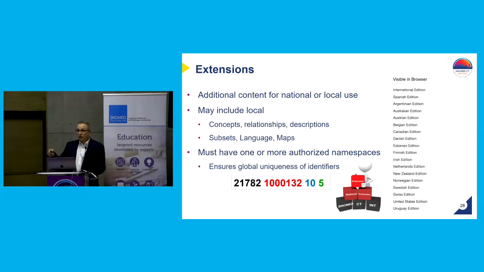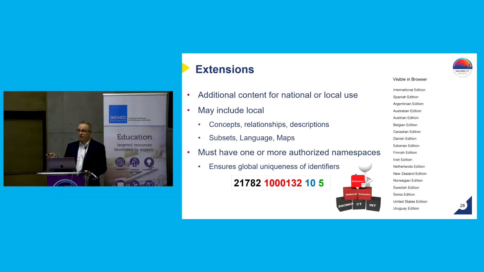You can add concepts, relationships, and descriptions. So in a particular setting, and we'll touch on this with the language, if you want to add further descriptions to those concepts, you can do it, but within your extension. They're not released internationally, but you put the two together: you take the international, you add your extension, and then you have what you need for your setting.